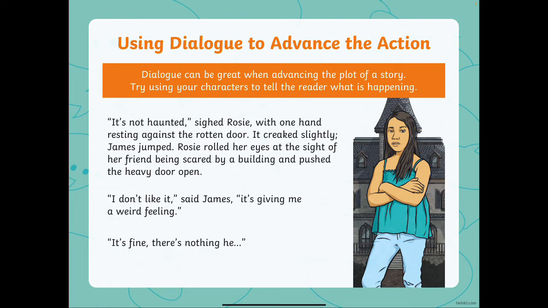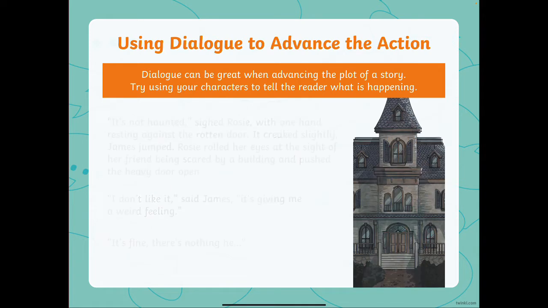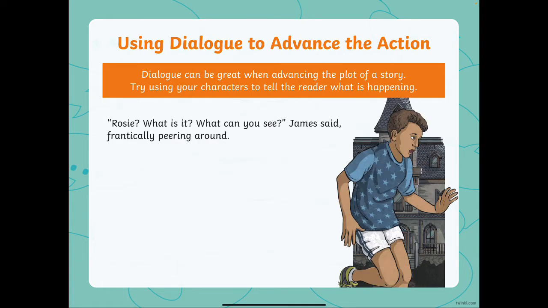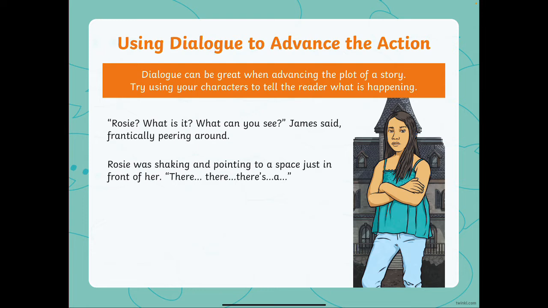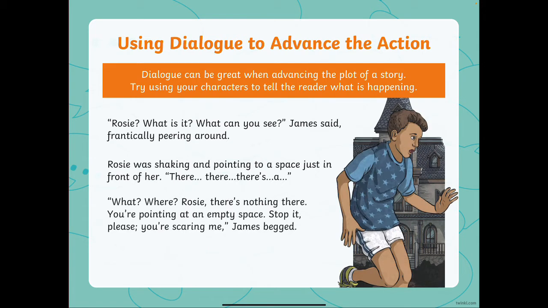There's nothing here." "Rosie, what is it? What can you see?" James said, frantically peering around. Rosie was shaking and pointing to a space just in front of her. "There's a..." "What? Where, Rosie? There's nothing there. You're pointing at an empty space." "Stop it, please, you're scaring me," James begged.